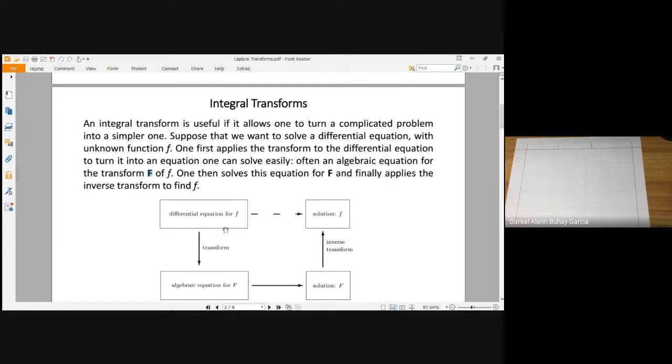Okay? So what we did before, like the method of undetermined coefficients, method of variation of parameters, even our first order processes like variable separable, homogeneous, integrating factor, all those are part of what you see in our process flow, this broken line.